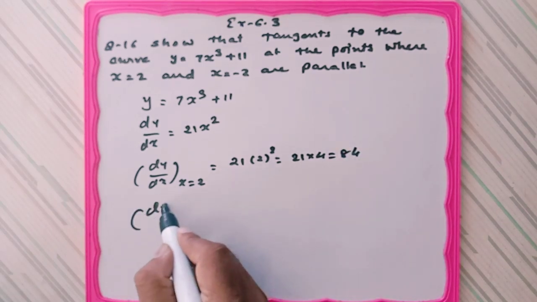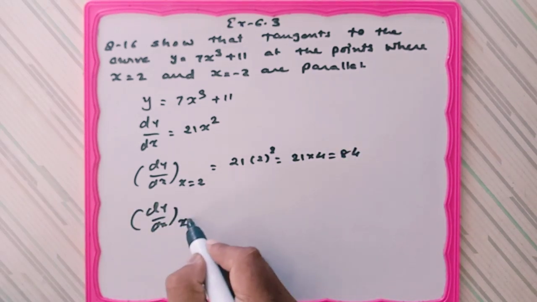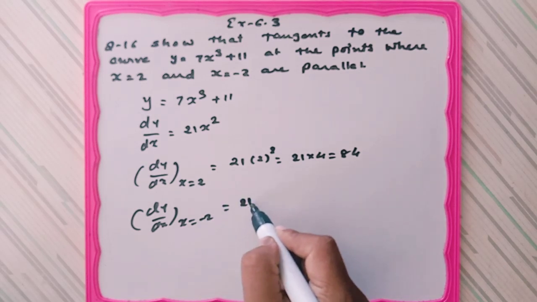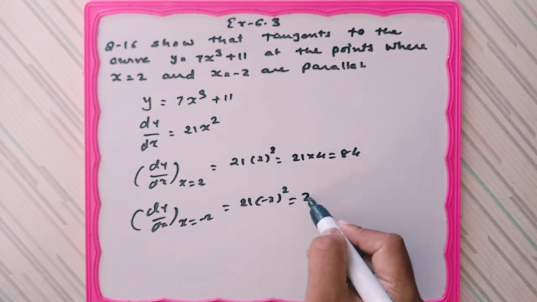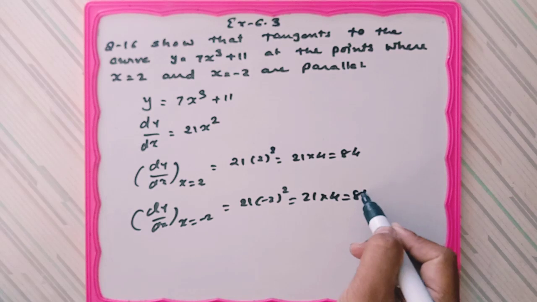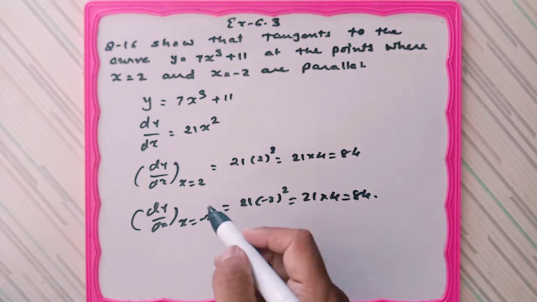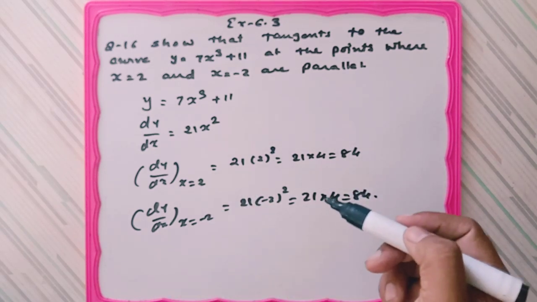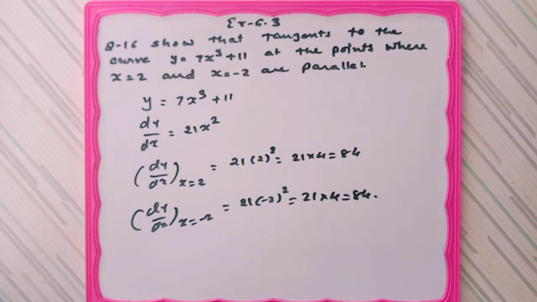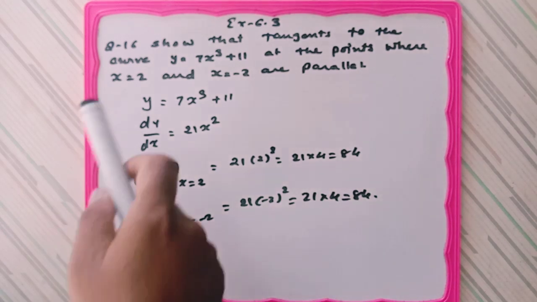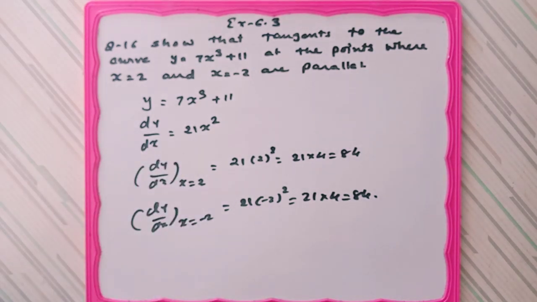And dy by dx at x equals minus 2 is also 21 into minus 2 square, 21 into 4, which is equal to 84. So at both points the slopes are 84, and so the tangents at x equals 2 and x equals minus 2 are parallel.